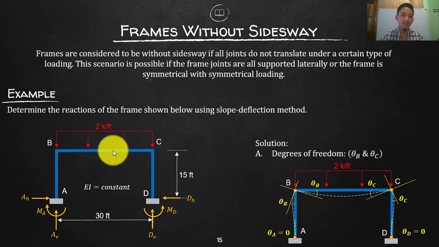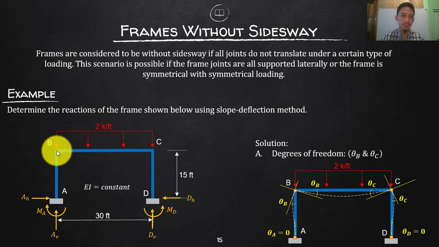The other case is that frame is symmetrical with symmetrical loading. So your frames will be without sidesway if all the joints are supported laterally. If you say supported laterally, let's say you are going to load that one in any direction, but this is supported also, so that will not translate horizontally.